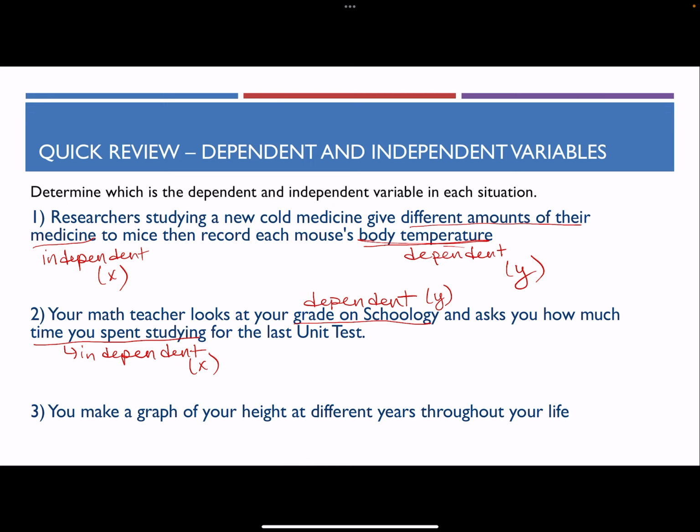Number 3, if you make a graph of your height at different years throughout your life, think about what the variables are and which one's independent and which one's dependent. So your variables are height and the different years throughout your life. Your height depends on your age, right?